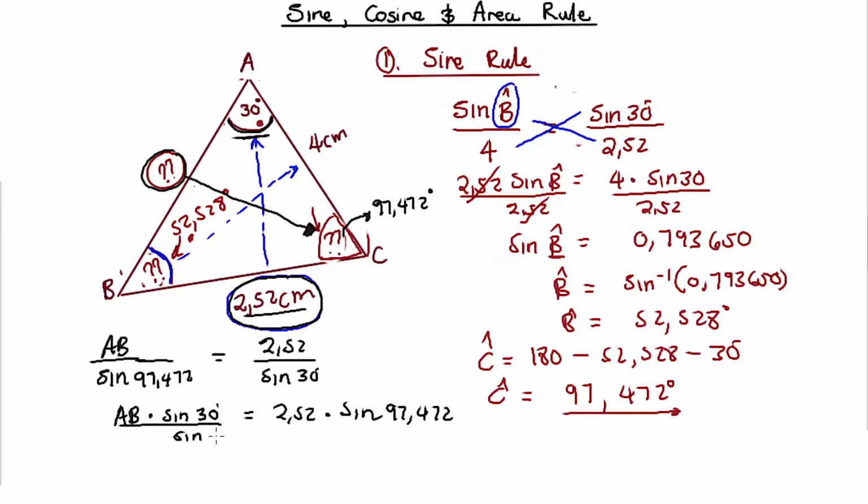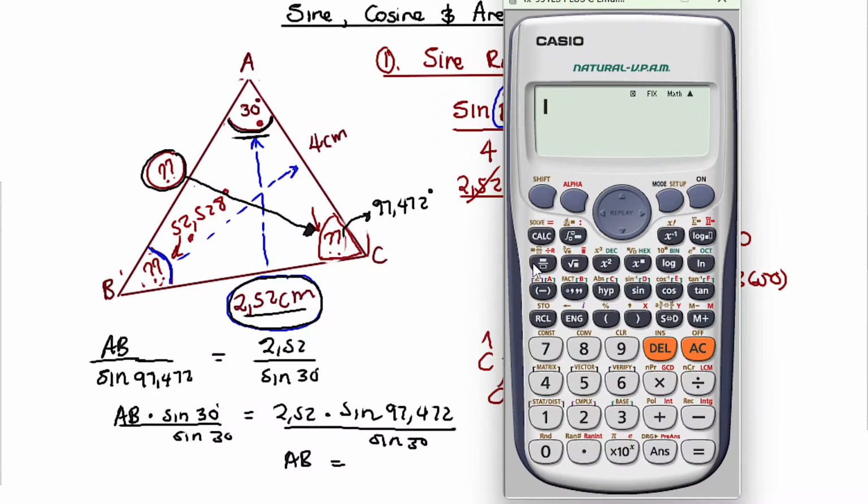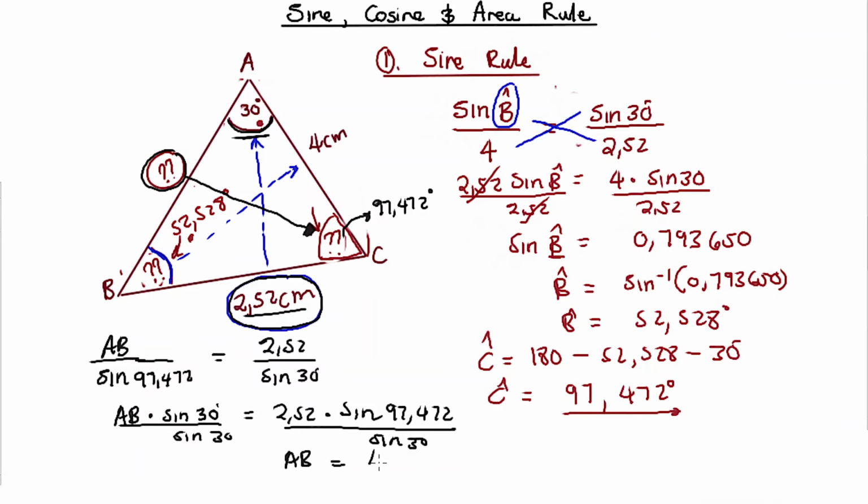Divide both sides by sine 30. Then AB is equal to 2.52 multiplied by sine 97.472 over sine 30 degrees, that's 4.997 centimeters. This is our answer. This is how you apply the sine rule to get an unknown side or an unknown angle.